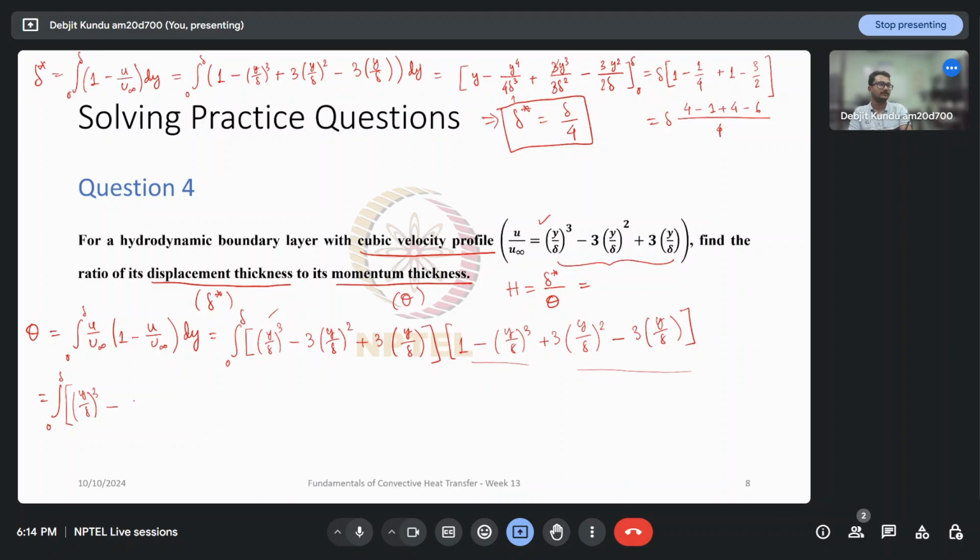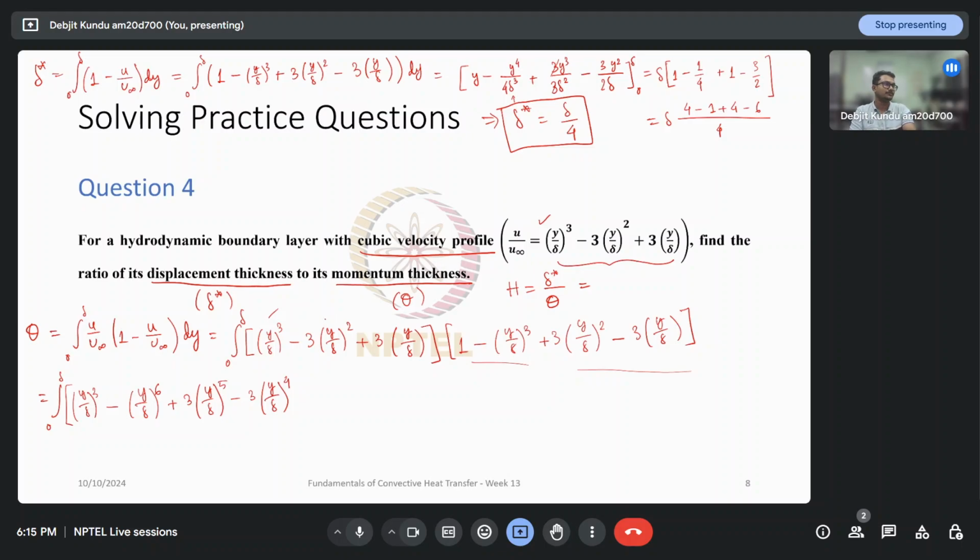Then we will get y by delta to the power 6 plus 3 y by delta to the power 5, then minus 3 y by delta powers 4. Okay, so the first 4 are done.